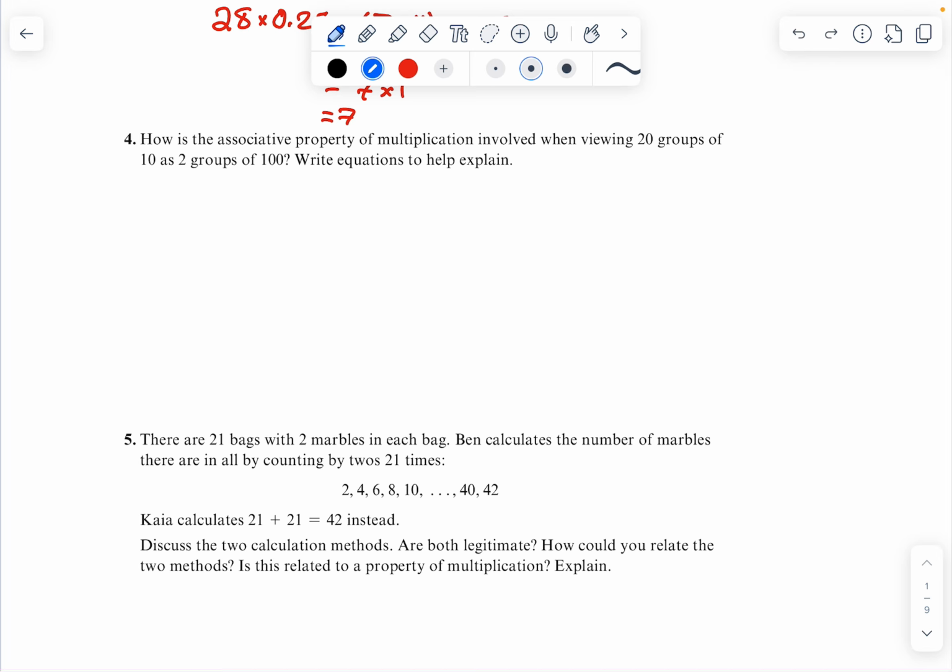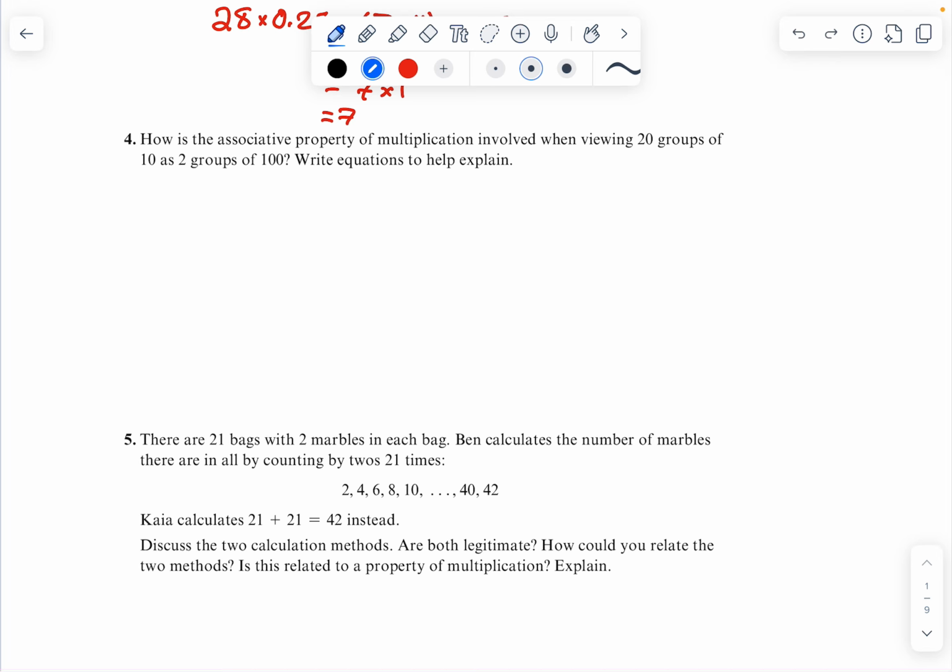So 20 is 2 groups of 10, and we still have a times 10 here. And so if we use our associative property, we get 2 times 10 times 10, which then gives us 2 times 100, which is our 2 groups of size 100.